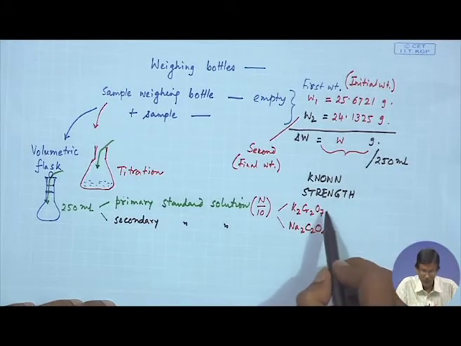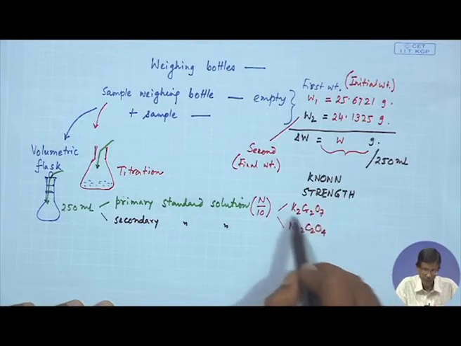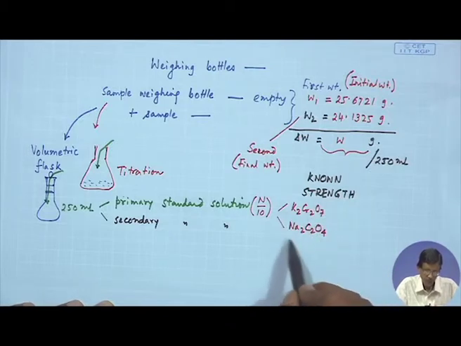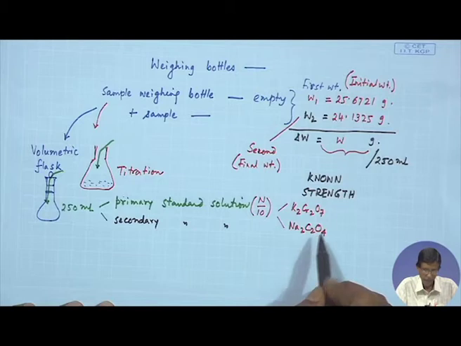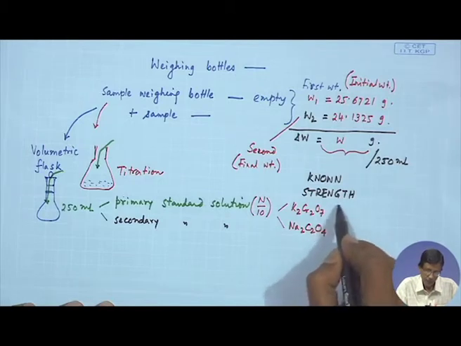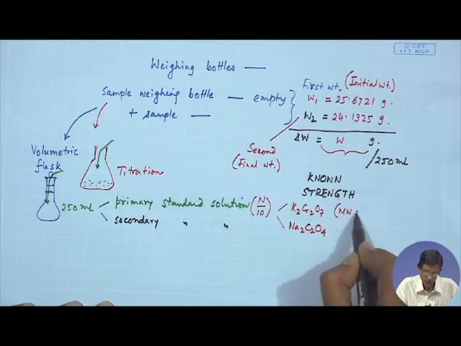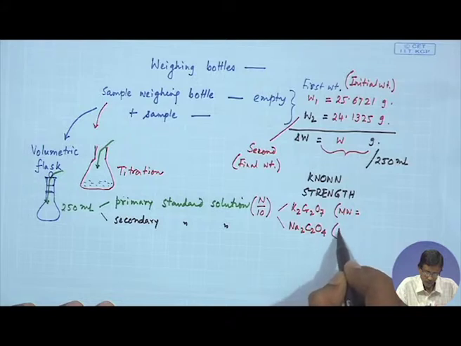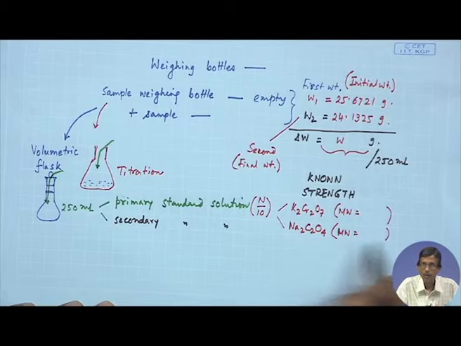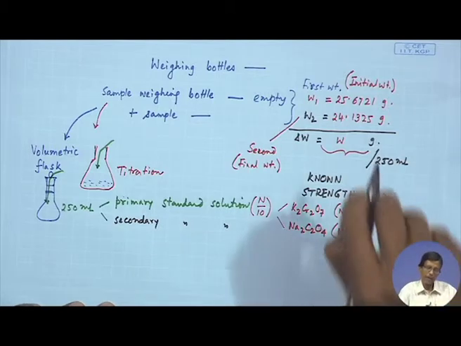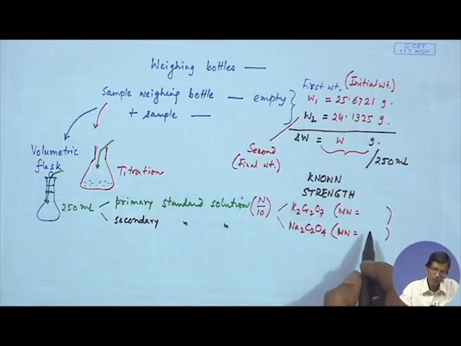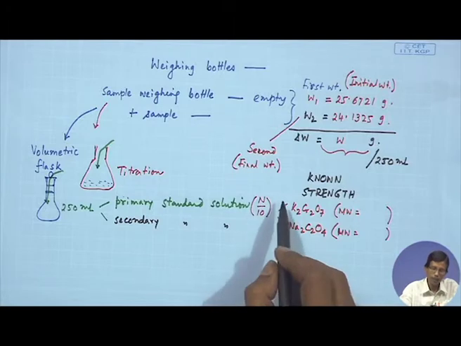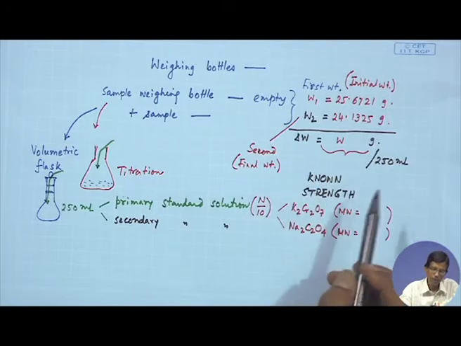To make a standard solution of these, because this is a primary standard sample, this is also a primary standard sample, depending upon their molecular weight, we know their corresponding equivalent weight, and based on that equivalent weight we can transfer the required amount of that particular sample.